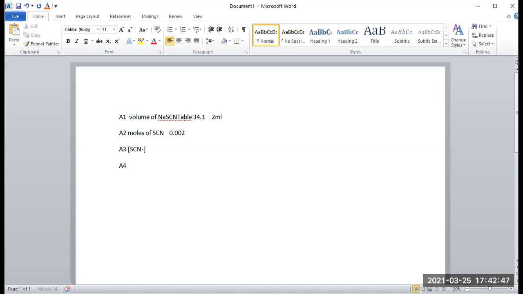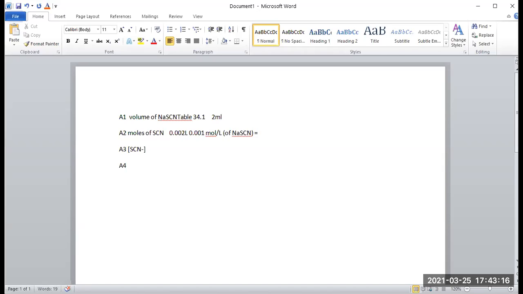one of the things you're going to have to do here is convert your volume from milliliters over to liters, because otherwise your volume is going to end up with the wrong unit set. And we're going to multiply this by 0.001 moles per liter, and this is of your NaSCN.